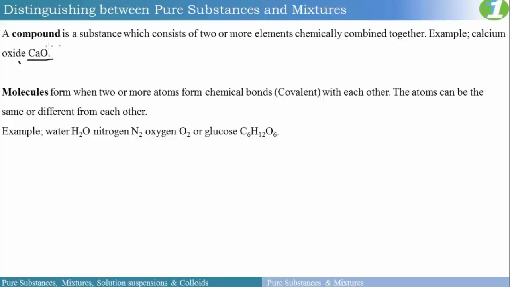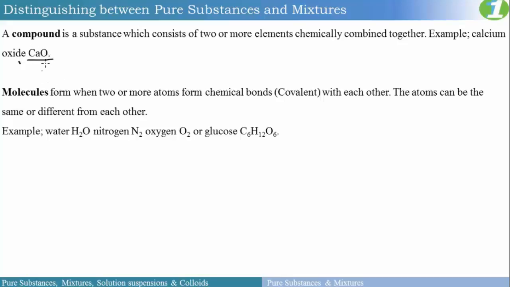These two elements are chemically combined to form the compound calcium oxide. Now, calcium oxide is an ionic compound, and ionic compounds are solids. We will discuss ionic bonding later in further topics, so don't worry too much about the term ionic compound if you don't understand already.